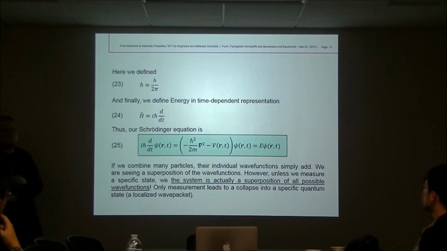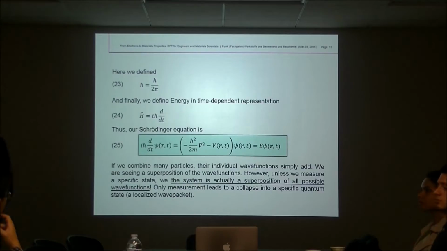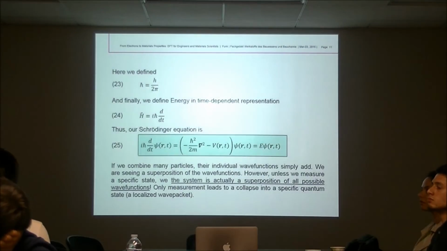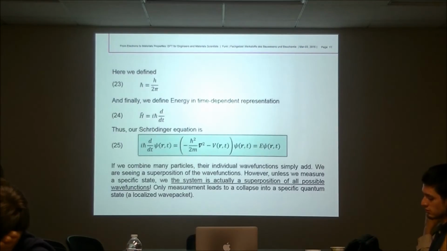There's a very nice experiment. If we take a light source, let's say a laser, we emit light in a certain way. Now what we do is we split it with a semi-transparent mirror.